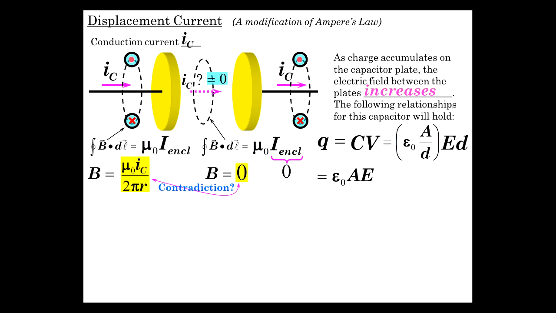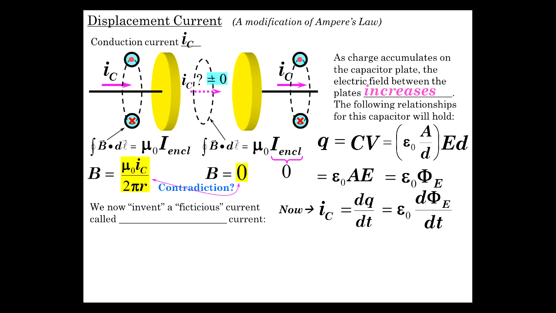So that simplifies: Q is epsilon 0 A E. But what's A E? Area times electric field is electric flux. So Q is epsilon 0 phi sub E. Well, conduction current is dQ/dt. So if you take the time derivative of Q here, we get epsilon 0 d phi sub E dt.